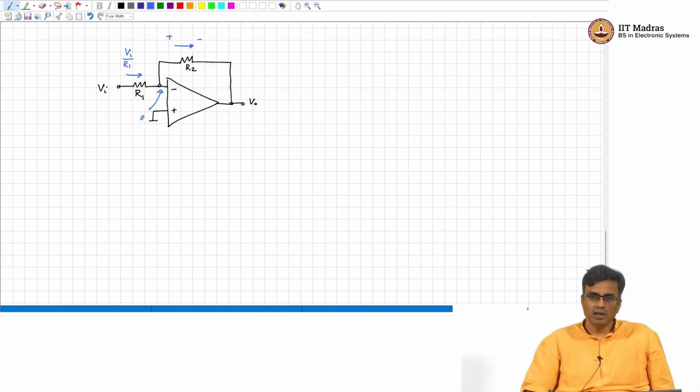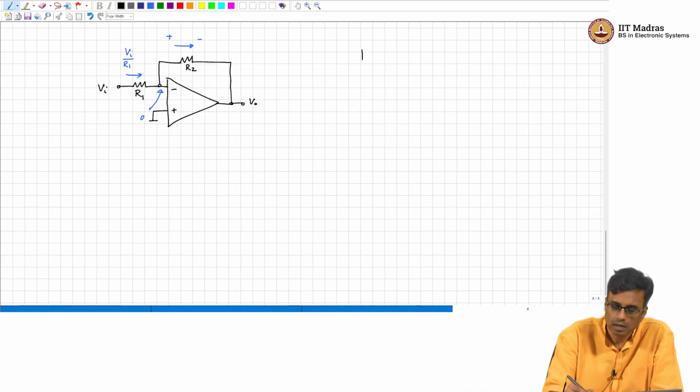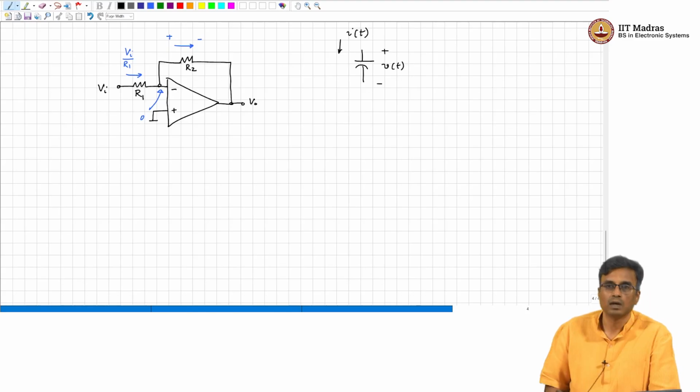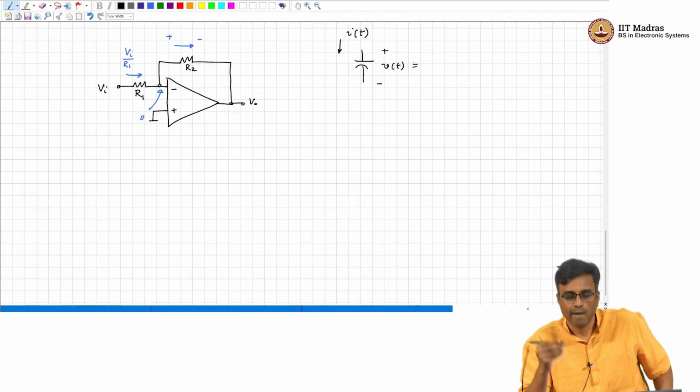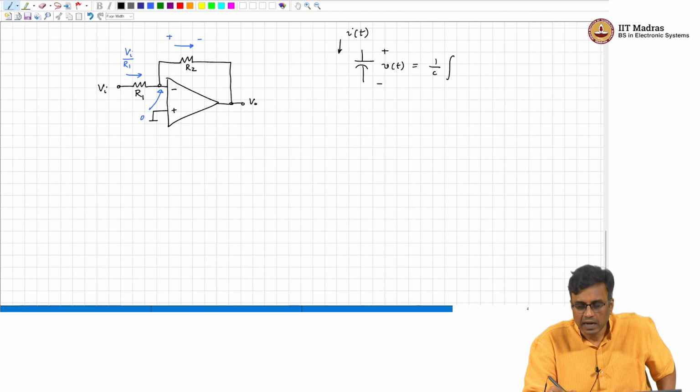A capacitor. Let us say this is I of t and this is V of t. What is V of t? It is nothing but 1 over C integral I of t dt.